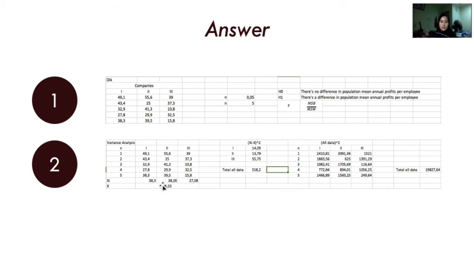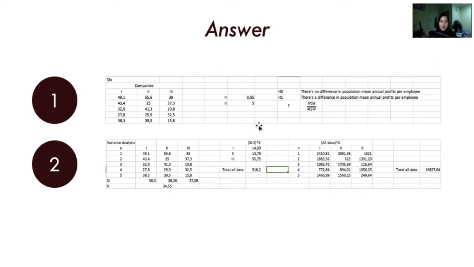So we got the result 34.55 for the x bar, and xi for the first company is 38.3, for the second company is 38.26, and for the third company is 27.08.